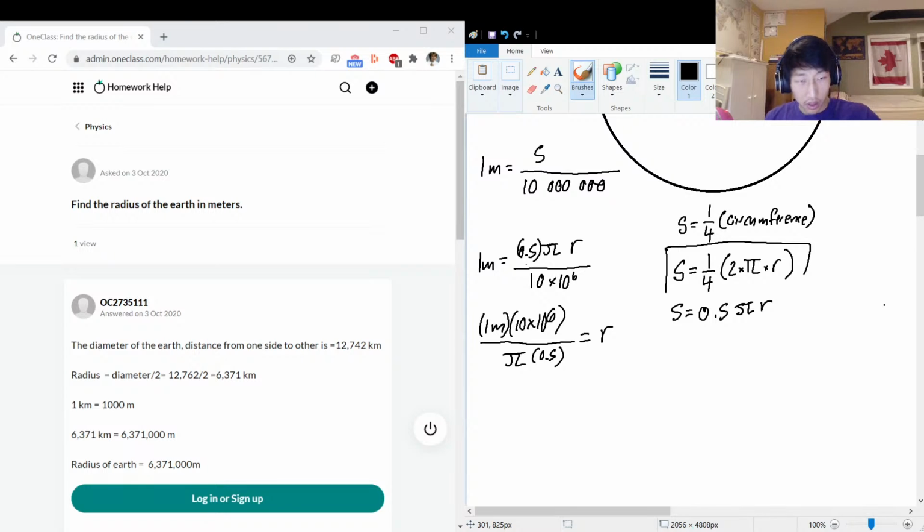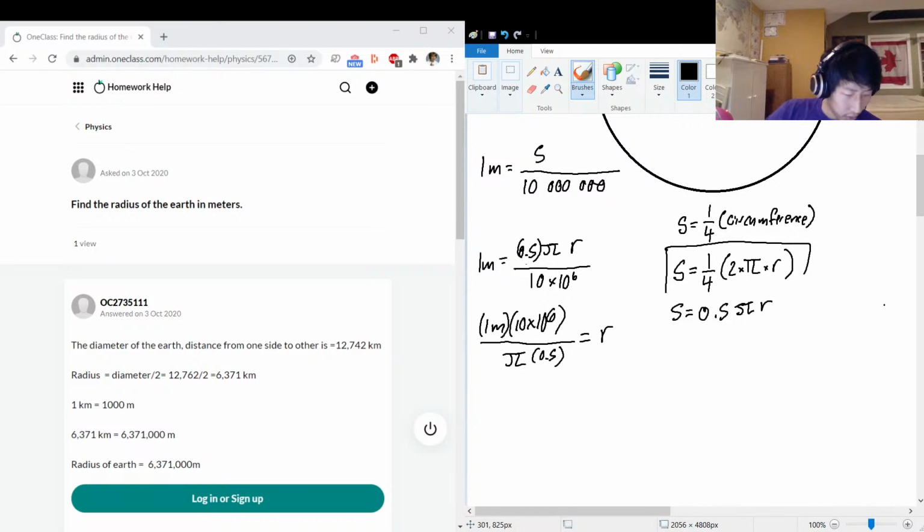So let's send that through the calculator and find out what our result is. So 1 times, well, we don't need to do 1 times 10 to the power of 6 times 10. So that's 10 to the power of 7, divided by 0.5, which is the same as multiplied by 2. Divide pi.